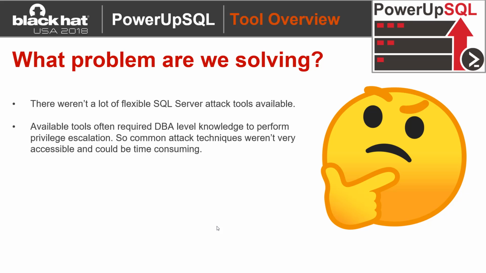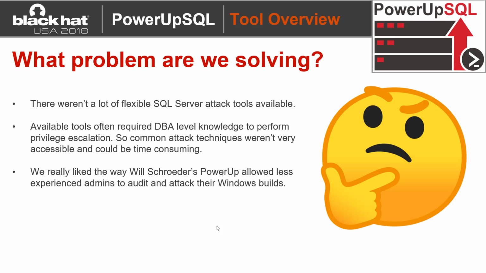And what we found is that a lot of the real world exploits require a little bit of DBA knowledge. You kind of have to know what configurations have to be turned on and off and what the dependencies are to get the escalation to work. And so part of the goal here was just to make it a little bit easier for folks like myself when I started out to get a handle on what these weak configurations are and actually leverage them during a pen test, which might only last a week or 2 weeks, right?